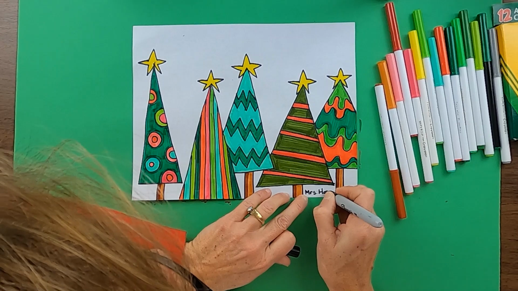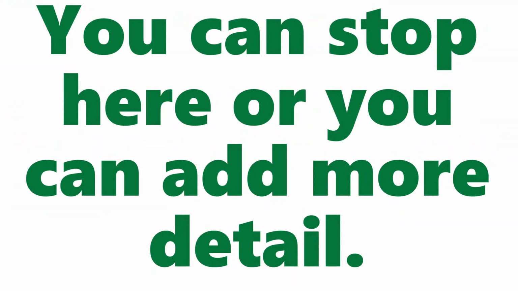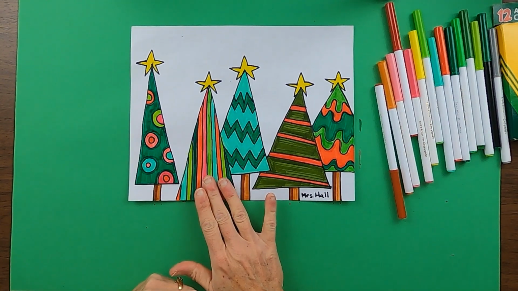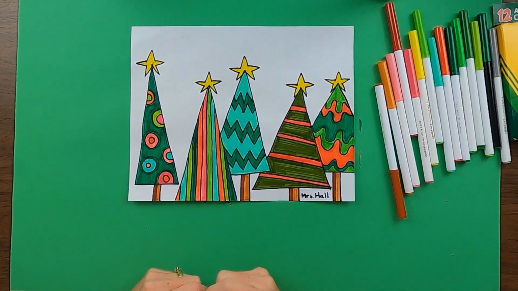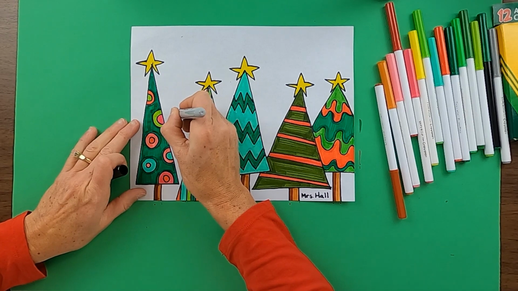If you want to, you could stop right here. Look at your artwork. Do you think there's anything else that you could do to it? You could add a stained glass background if you wanted to, or you could add some snowflakes or some stars. You can do that with your black marker, or you could do that with your colored marker.